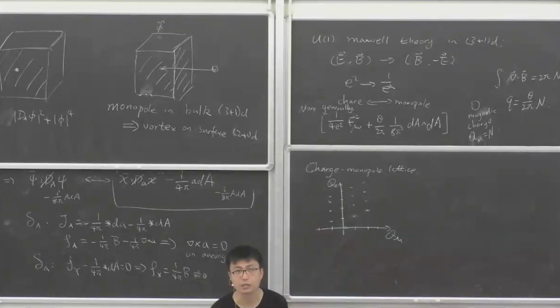Let me just pause here for today. The content tomorrow is going to show you that doing modular transform on this lattice is essentially the S and T modular transform on the boundary that generates the duality.